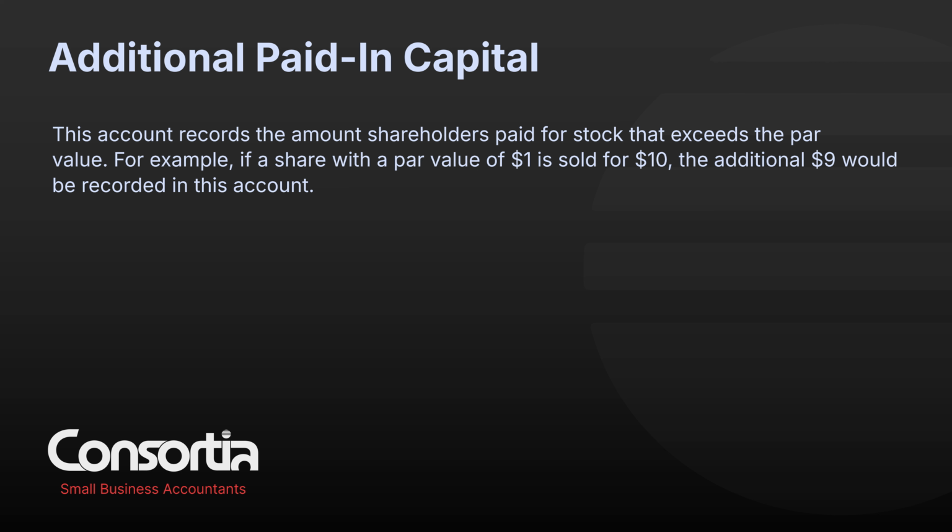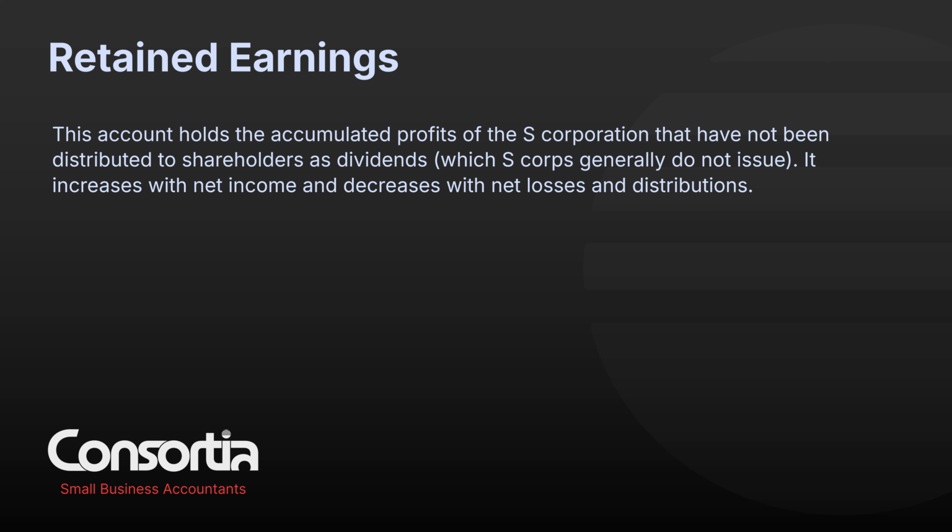Additional paid-in capital. This account records the amount shareholders paid for the stock that exceeds the par value. For example, if a share with a par value of $1 is sold for $10, the $1 would of course go to the share, whereas the additional $9 will be recorded in this account, the paid-in capital account.